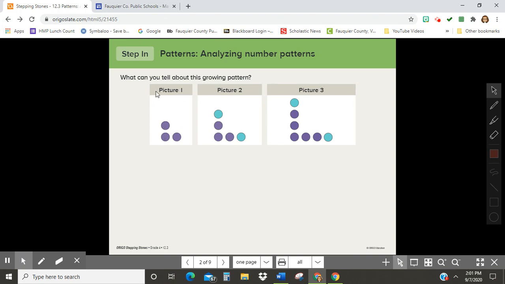For picture 1, we have 3 dots. What's going on with picture 2? We have 1, 2, 3, 4, 5 dots. And for picture 3, we have 1, 2, 3, 4, 5, 6, 7 dots. And what do you think the fifth picture will be? But first we need to figure out what's going on with this.